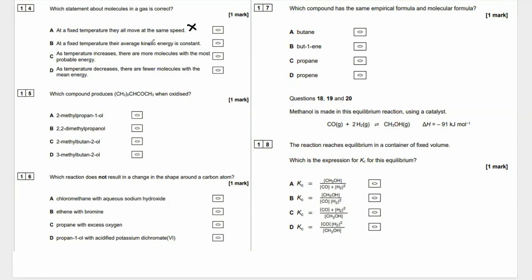At a fixed temperature, their average kinetic energy is constant. Well, that is true. Temperature is actually a measure of the mean kinetic energy of the particles. So as temperature increases, there are more molecules with the most probable energy? No. As temperature decreases, there are fewer molecules with the mean energy.